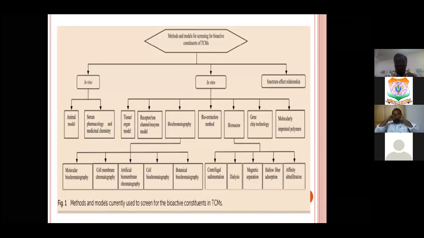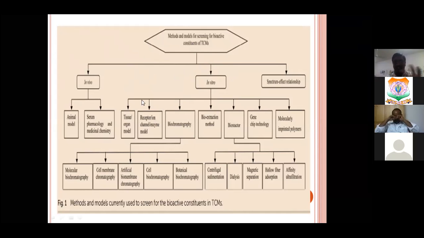Why am I stressing TCM? Whichever models I am explaining to you, I referred to many research papers from China. These are the models they have used for their traditional medicines in order to identify the active compounds from natural products. This is their standard methodology.